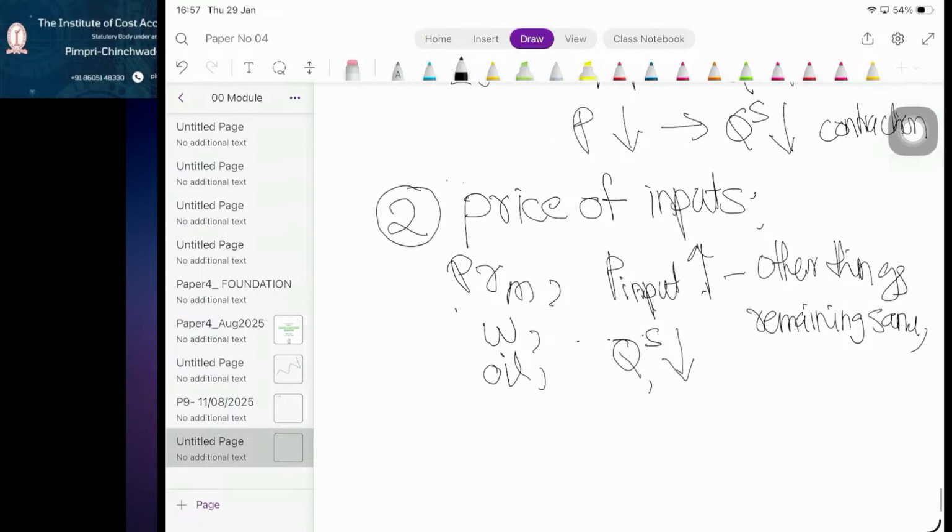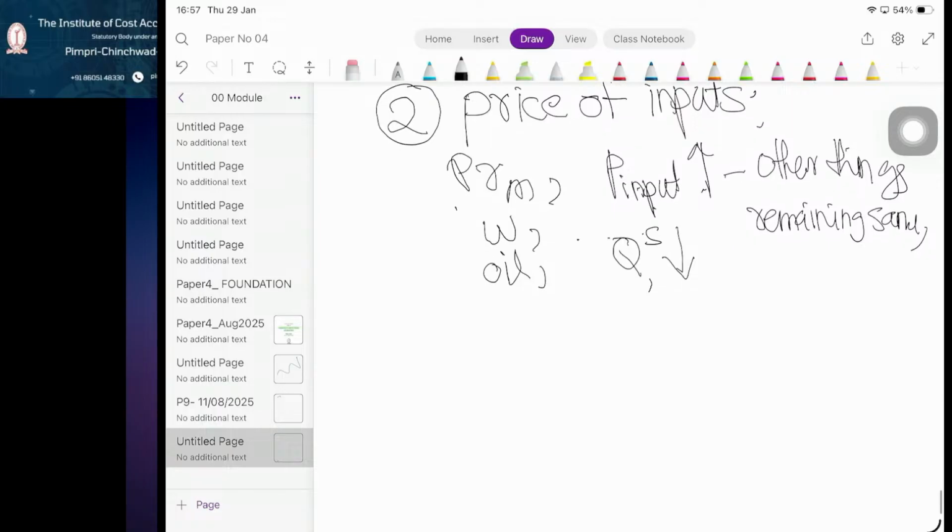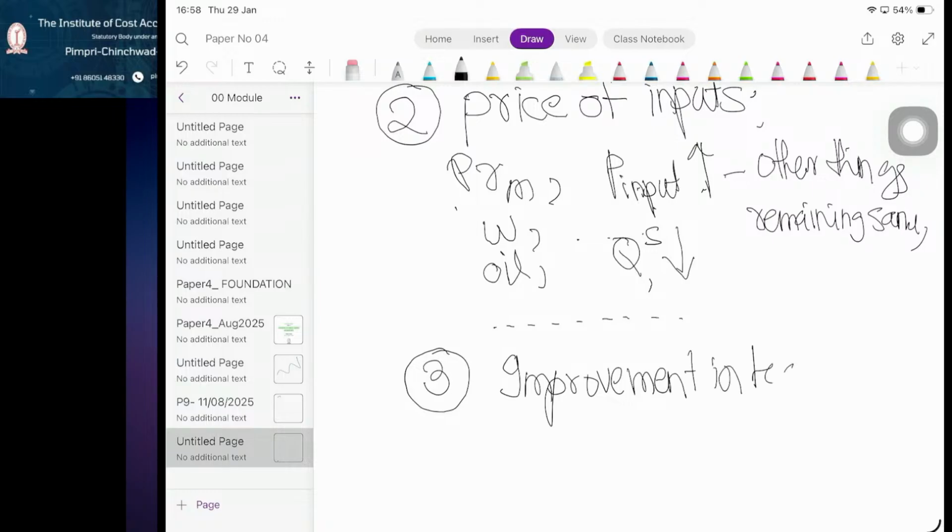Now just like this, another factor, let us write: improvement in technology. As time progresses, most businesses employ better and better technology.